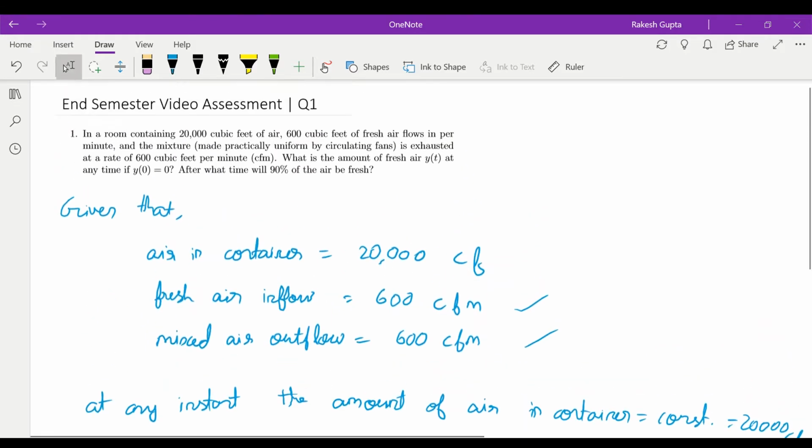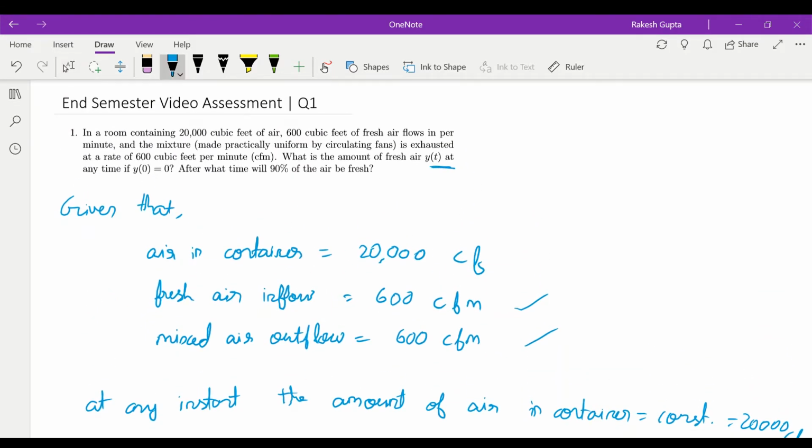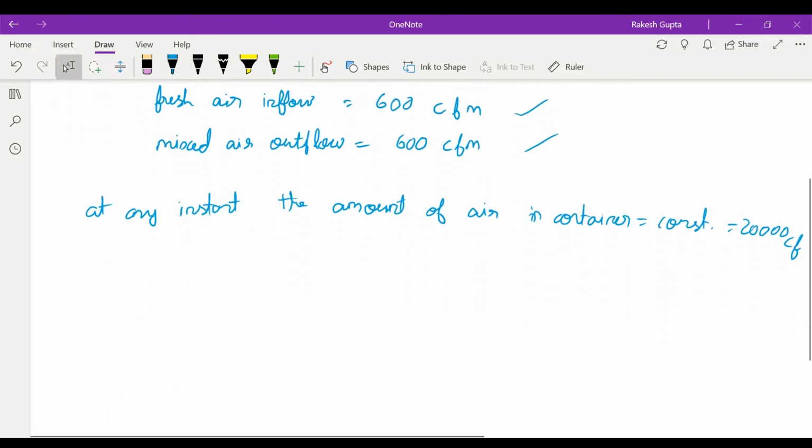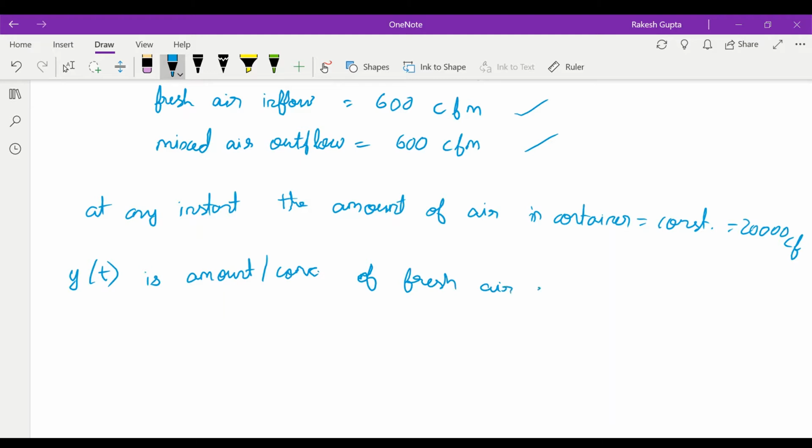It is also given that y(t) is the amount of fresh air at any time instant t. We can also say concentration of fresh air at any time t.